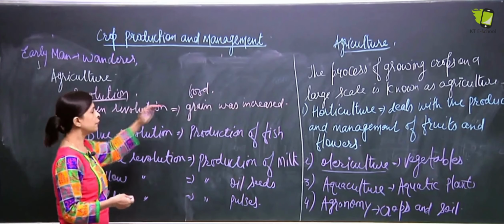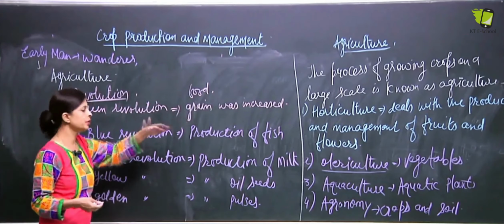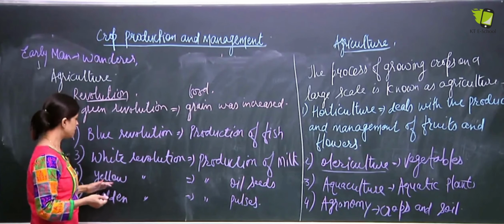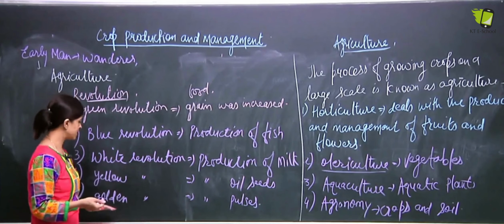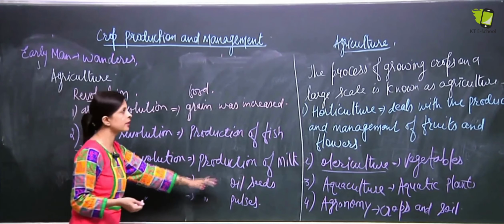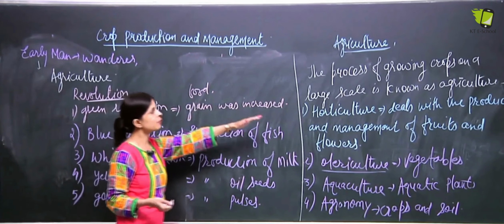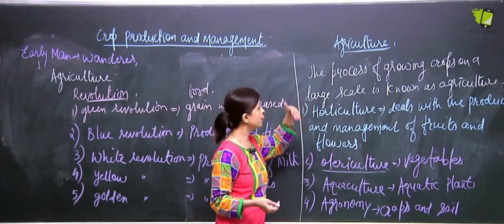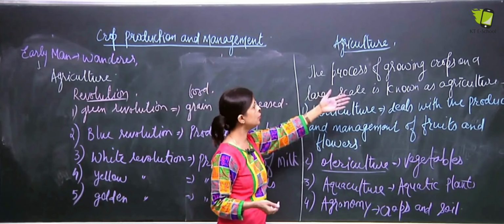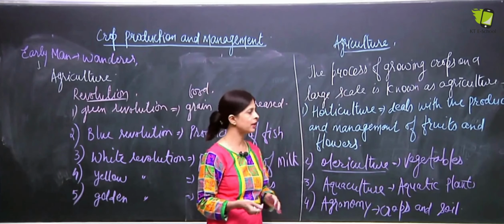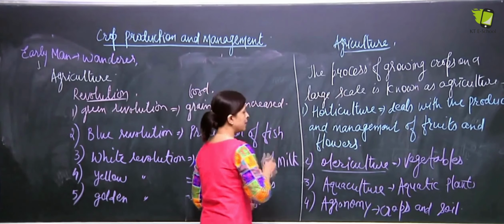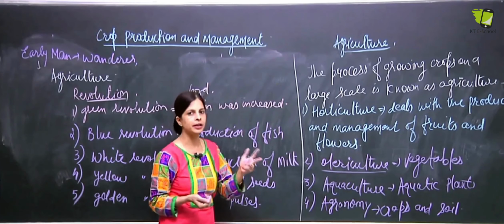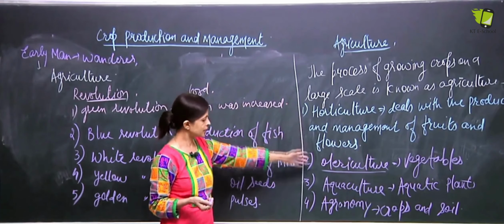Green, food grains; blue, fish; white, as the color itself suggests, milk; yellow with the oil seeds; golden with the pulses. Okay. Now the next was agriculture. What is agriculture? The process of growing crops on a large scale is known as agriculture. These are the branches of agriculture: horticulture, olericulture, aquaculture and agronomy. Okay, so just now we have discussed this.